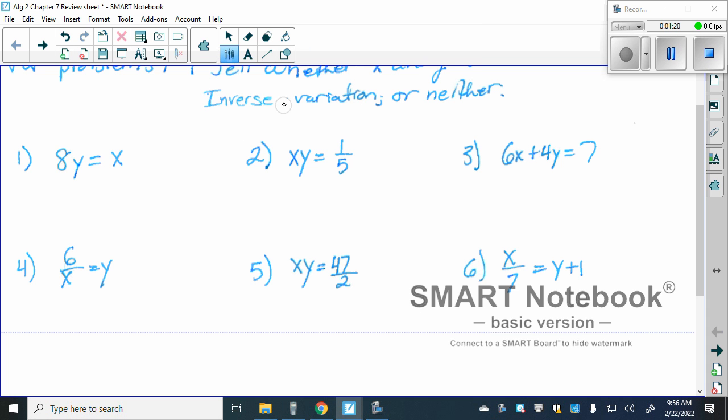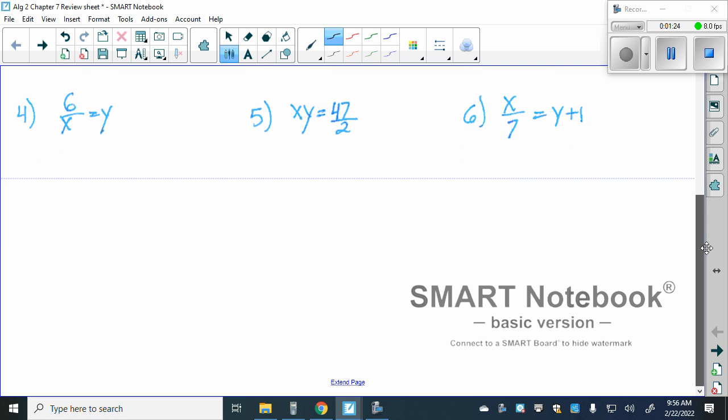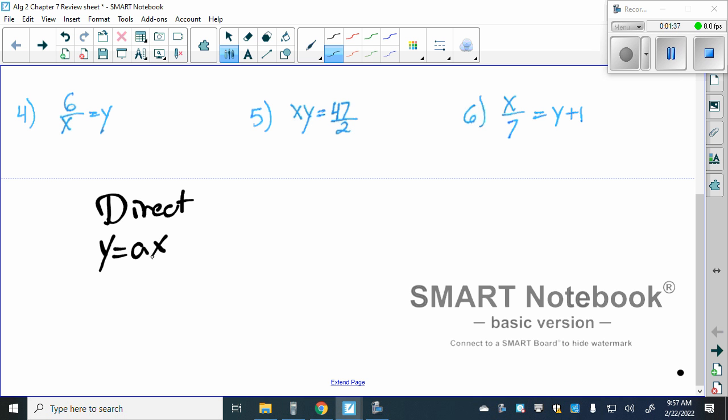Now, for the inverse, direct, inverse, or neither, I'll write these down here. For direct variation, guys, the main definition is y equals a times x. If we have x and y on opposite sides of the equation with no addition or subtraction, and they're both in the numerator, we know it's going to be direct.